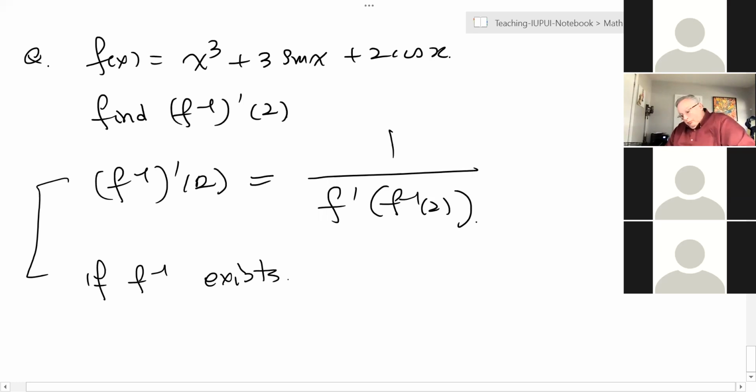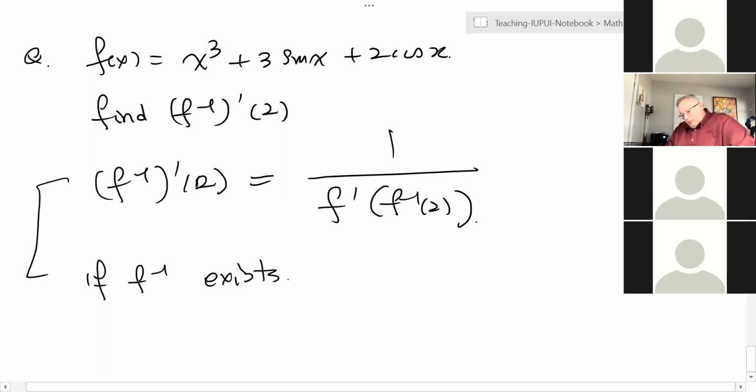So let's take a look at this. Here's a function, right? You're given a very complicated function: x cubed plus 3 sine x plus 2 plus cosine 2x.